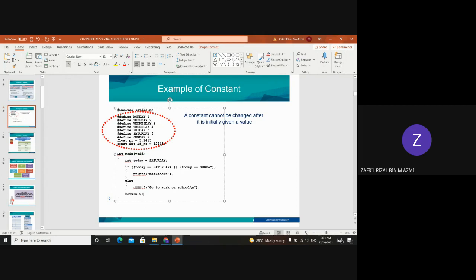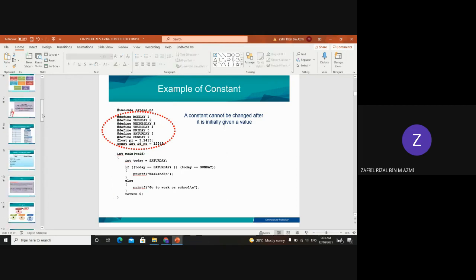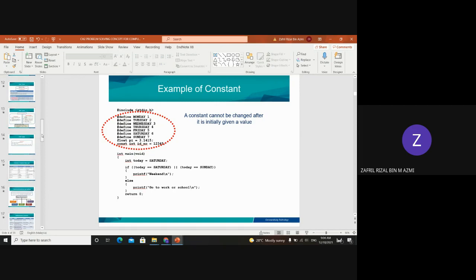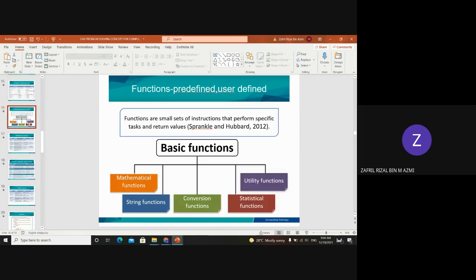What we are going to discuss over here is the basic predefined functions, the functions that we get from a specific programming language library, not the user-defined function. User-defined function is later on, in another chapter.